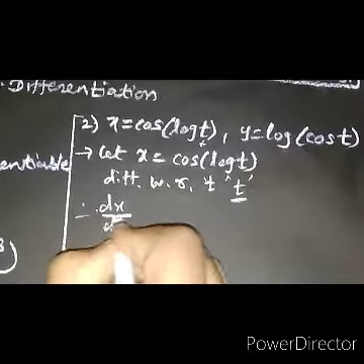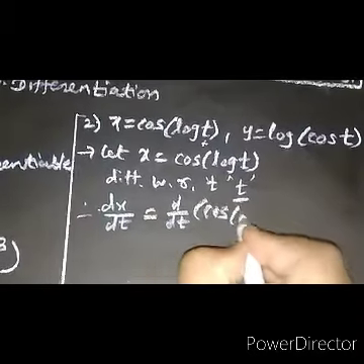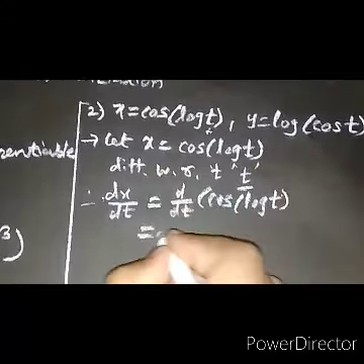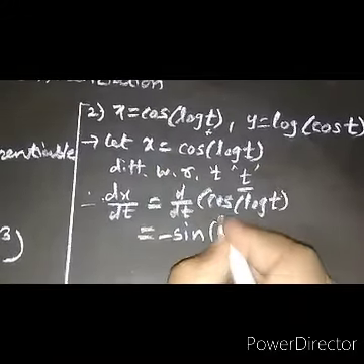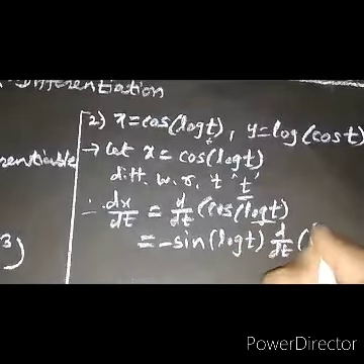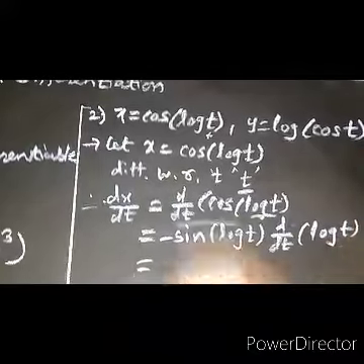dx by dt is equal to d by dt of cos log t. But we know that derivative of cos is minus sin, so minus sin log t. Now we have to take the derivative of log t, d by dt of log t, and we know that the derivative of log is 1 upon, so here 1 upon t.